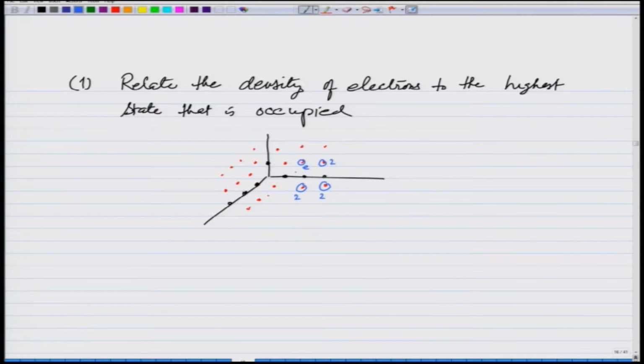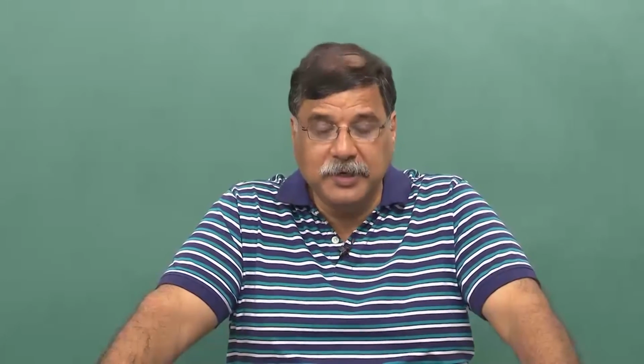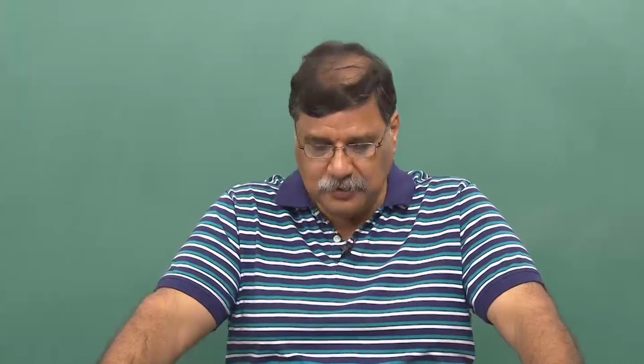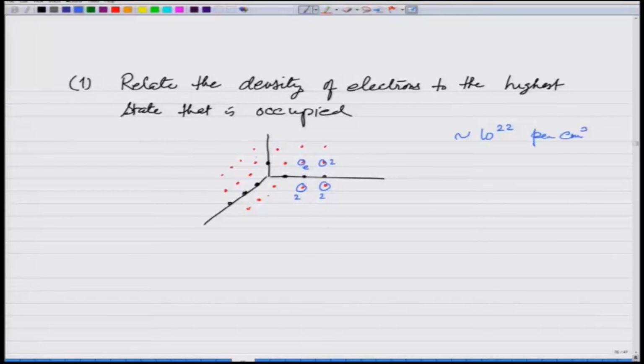In a metal bulk, there are a huge number of electrons, of the order of 10 raised to 22 per centimeter cubed. So, I need of the order of 10 raised to 22 states to fill per centimeter cubed. I need that many states to fill all these electrons. So, all these states are going to be filled. What I am going to have finally is a huge n value, and n varies only by 1.